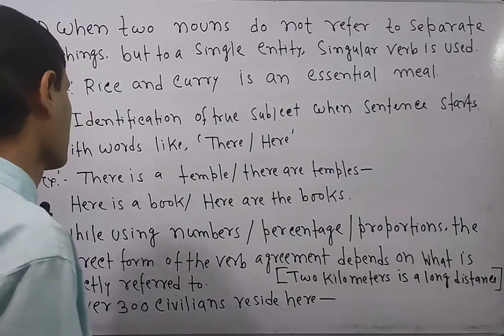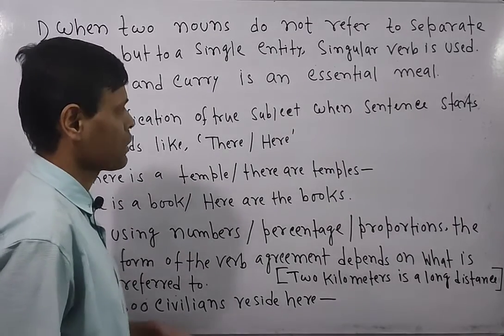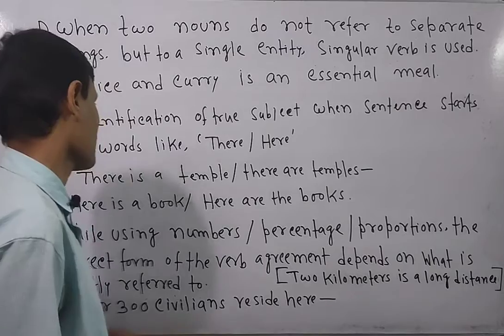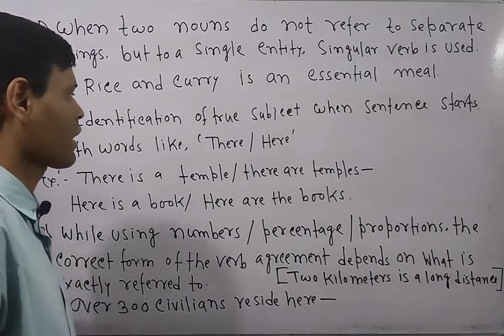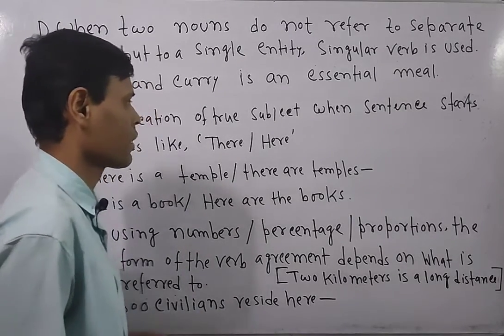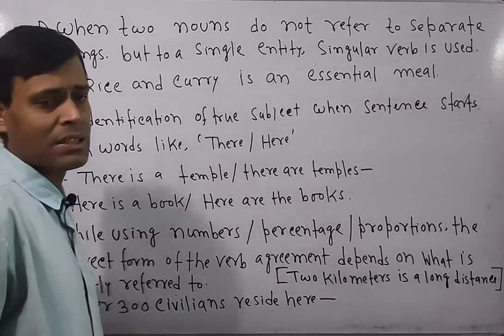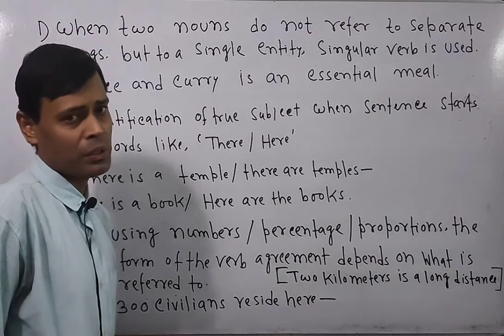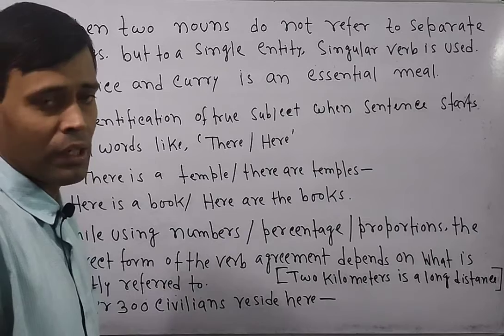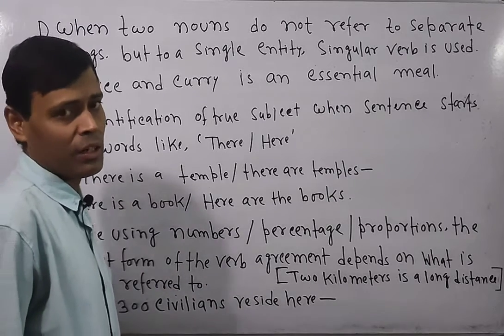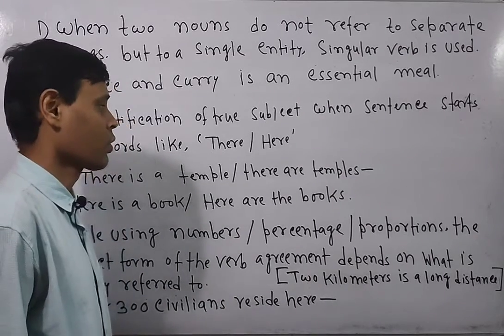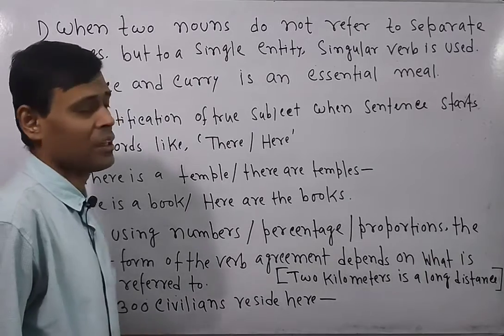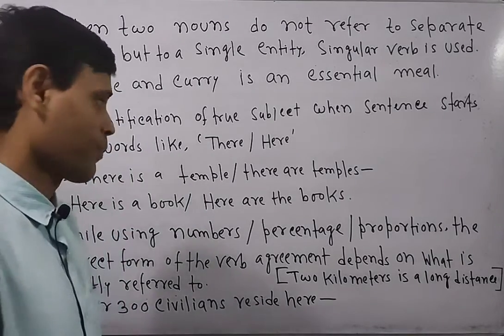Now go next. Identification of the subject when a sentence starts with words like there or here. Sometimes sentences get started with here or there. In those cases, there or here are called introductory there or introductory here.